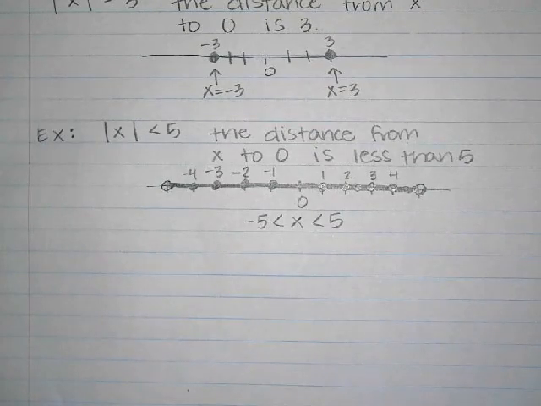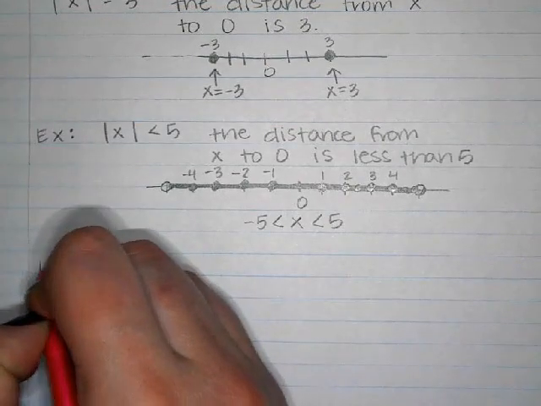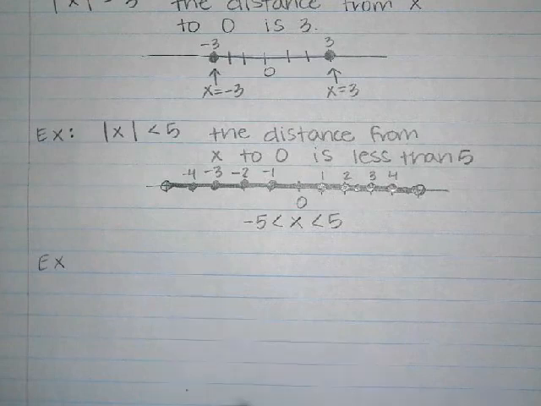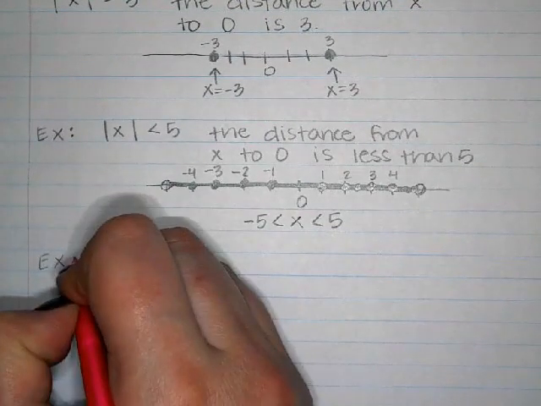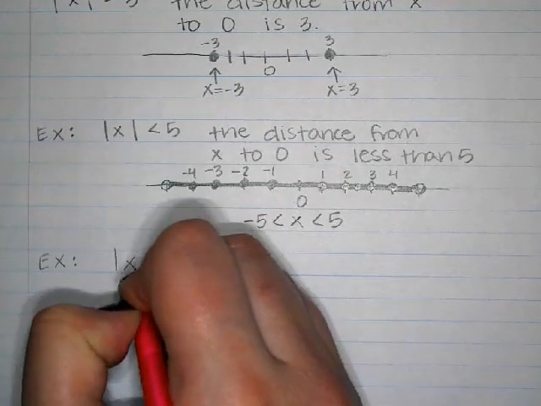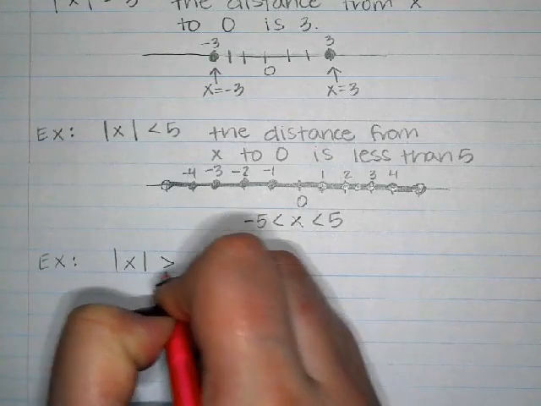Okay. All right, let's try another one. All right, this one. Absolute value of x is greater than or equal to 4.